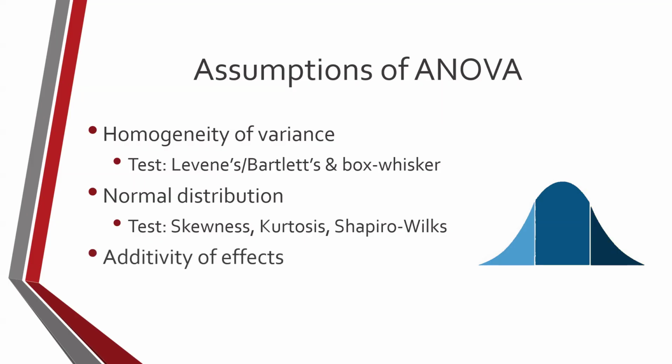There are a couple more assumptions, though, that do matter. The next one is additivity of effects, which is specifically the treatment and block effects, if you're using the typical RCB design.